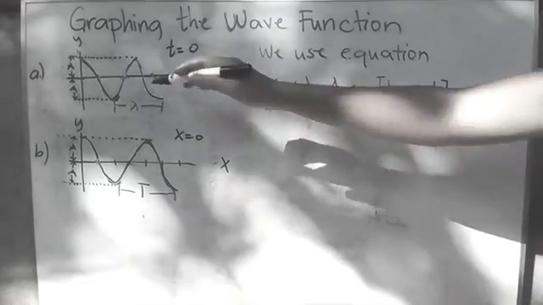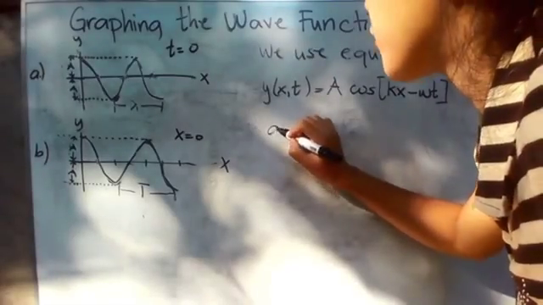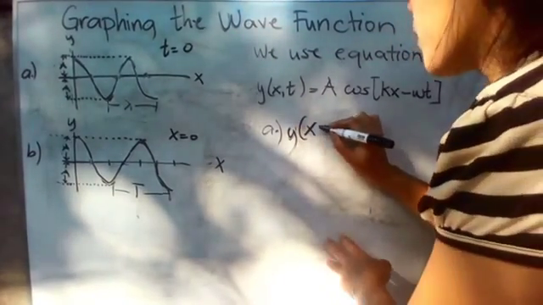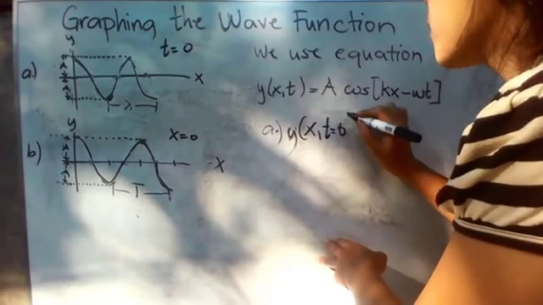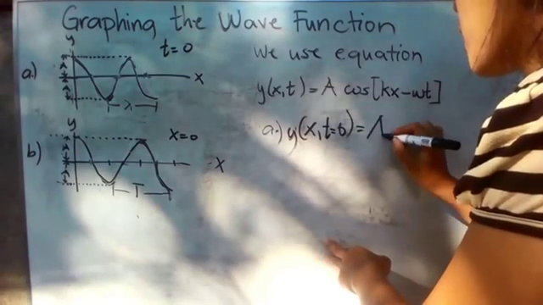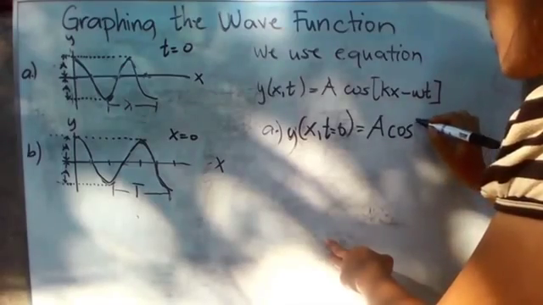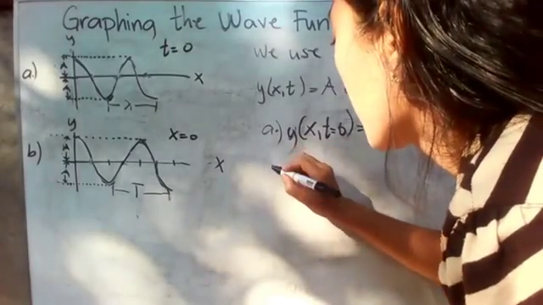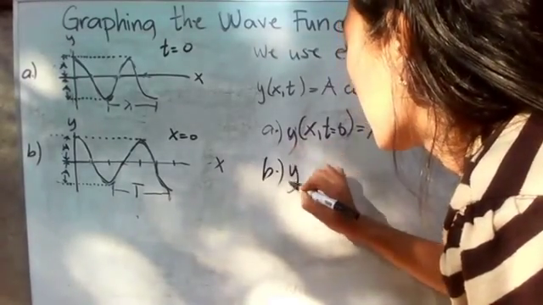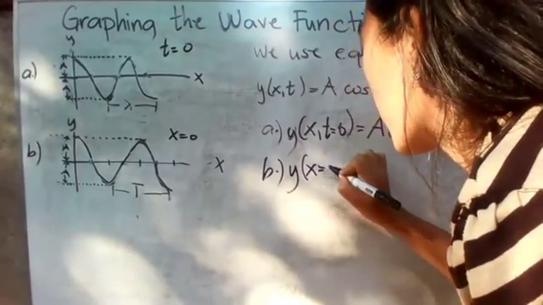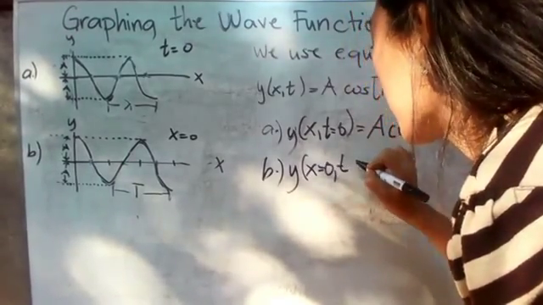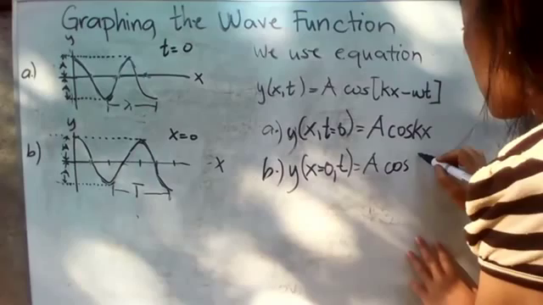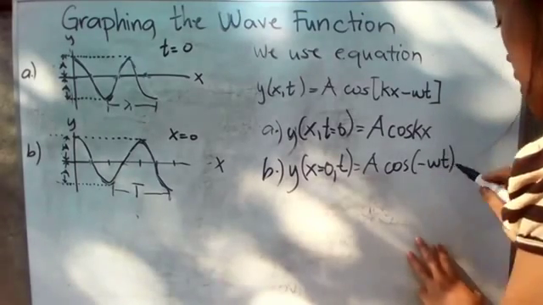So for graph A, we have y as a function of x, where t is equal to 0. So we have A cosine kx. For graph B, we have y as a function of t where x is equal to 0. So we have A cosine of negative omega t.